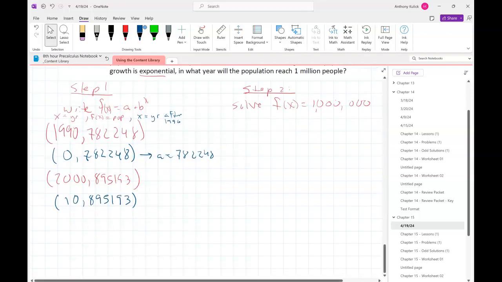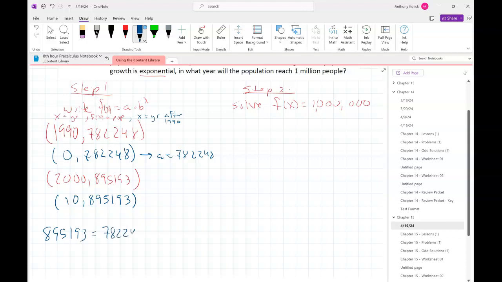And then to solve for b, I just have to do one equation, one variable, which is not that big of a deal. To solve this equation, what would I have to do first? Divide by the 782,248.